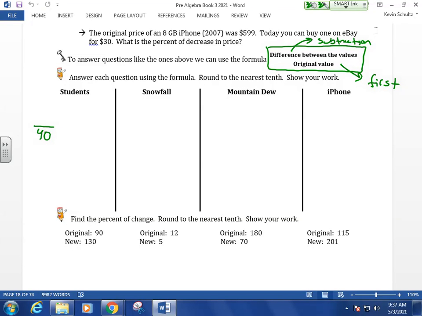And our numerator is going to be the difference between 40 and 50. In this case, it's okay to just put the larger number first, so we don't have to worry about going to the negatives here. The difference between 50 and 40 is 10. The original value was 40. What percentage is 10 over 40?